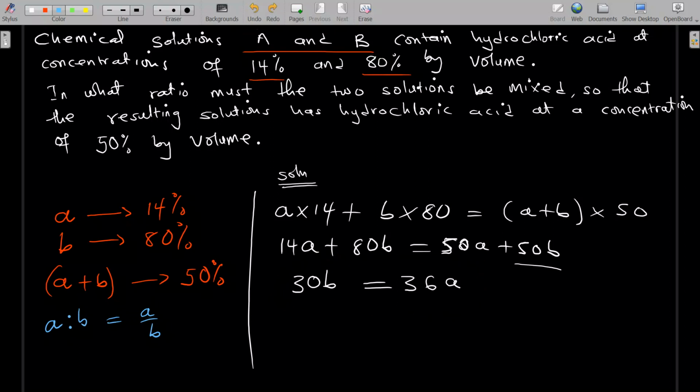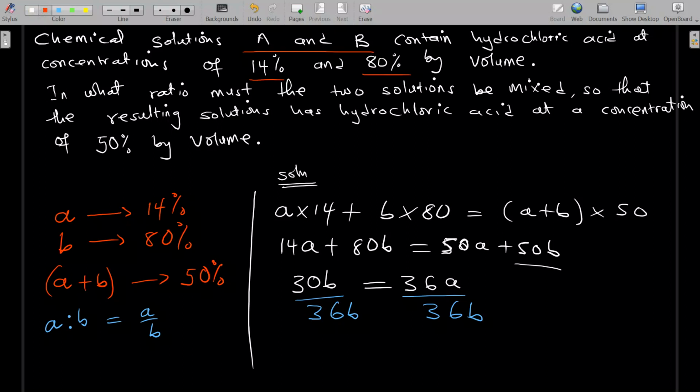If I divide both sides by 36B, what will happen? I'm trying to make A over B stand in one place.